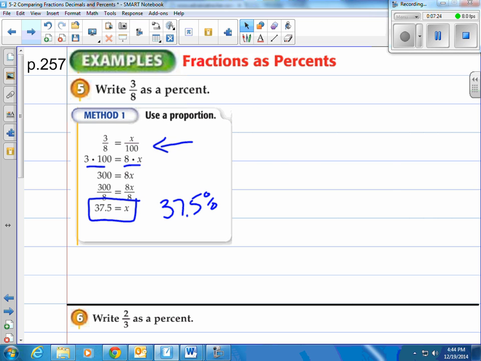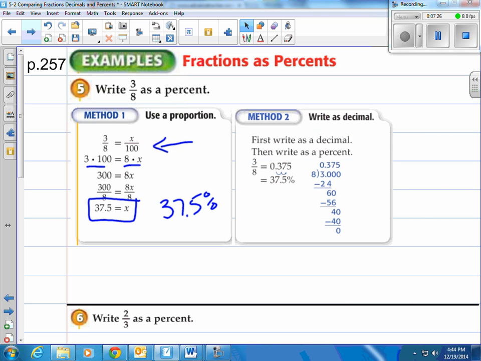Now there is a second method, and that is write your fraction as a decimal. How do we do that? Well, we take the top and we divide by the bottom. Take 3 and divide by 8. You get 3 divided by 8 equals 0.375.